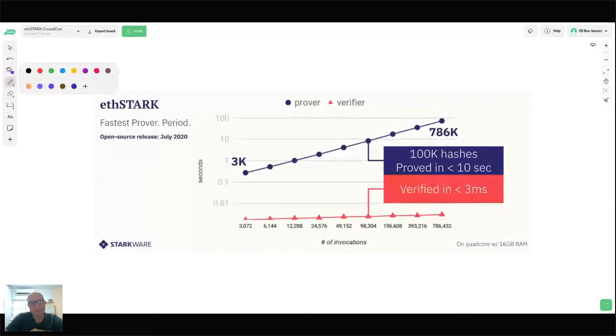Again, it's going to be open sourced under Apache license, basically handed over to the Ethereum Foundation, who funded this project. So everyone at StarkWare who has been working very hard on this is very proud and excited about this event.